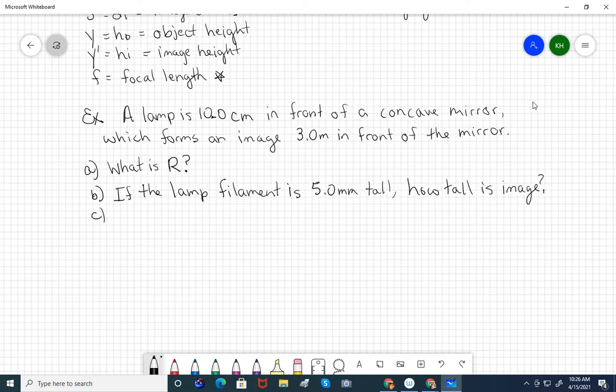And what is the magnification? Okay. Well, let's start with what is R. What do we know? Let's write down everything they tell us.